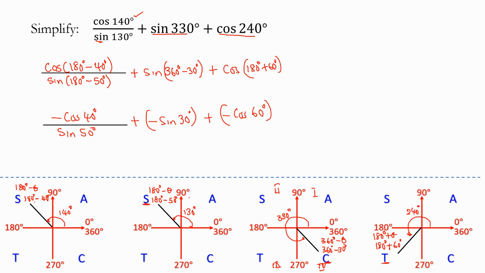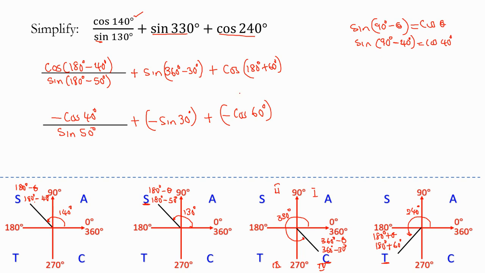Remember, we said sine of 90 minus theta is equal to cos theta. Sine 50 and 40 degrees are complementary angles. So sine of 90 degrees minus 40, that is sine 50, since 90 minus 40 is 50, is equal to cos 40.